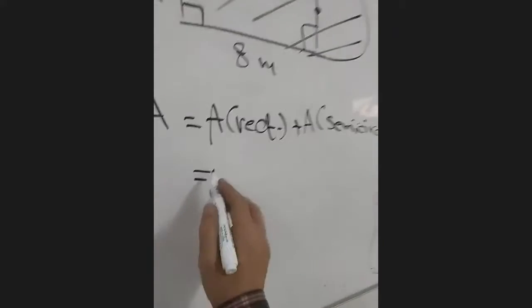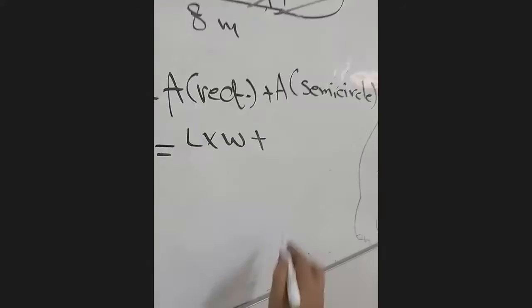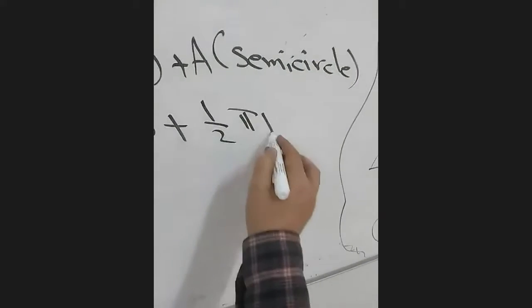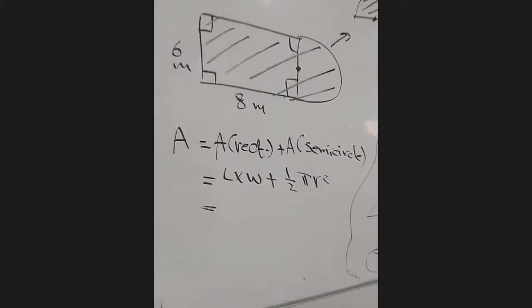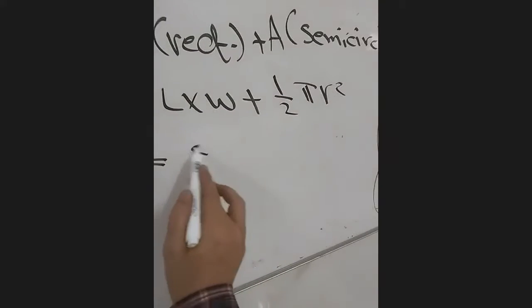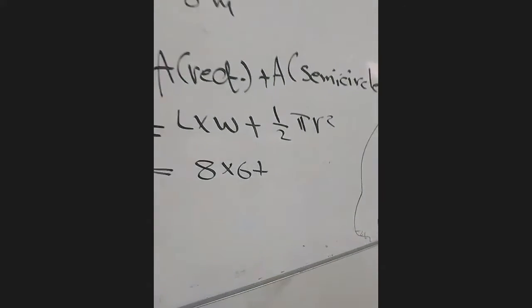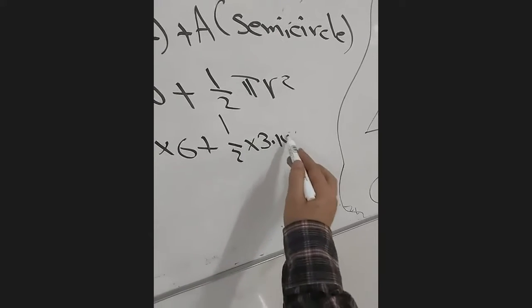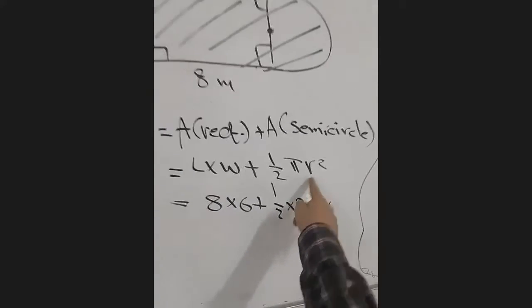You said it there. It is length by width. What's the area of the semicircle? You said it also. It is half pi r power 2, radius to the power 2. Good. Now the length is 8, the width is 6, so it is 8 by 6, plus half, pi we know it's 3.14.